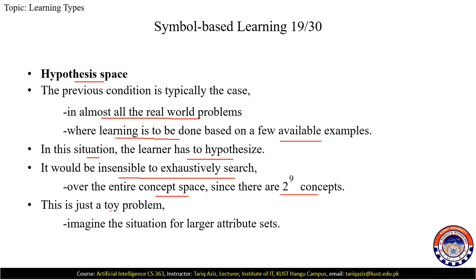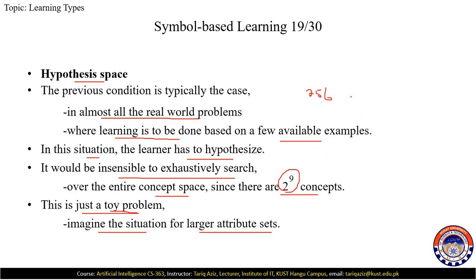This is just a toy problem, but if we have larger attribute sets, then imagine the situation. In this case, we just have 2 raised to the power 9 concepts, which is equal to 256.